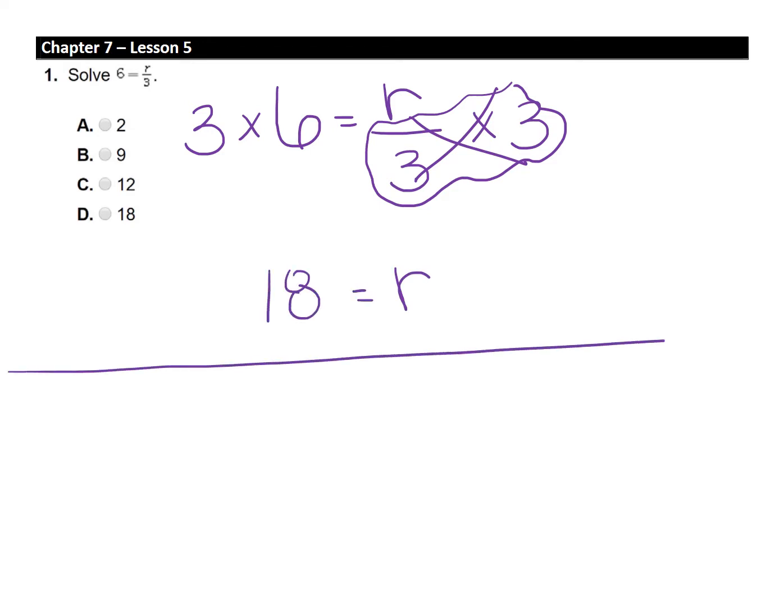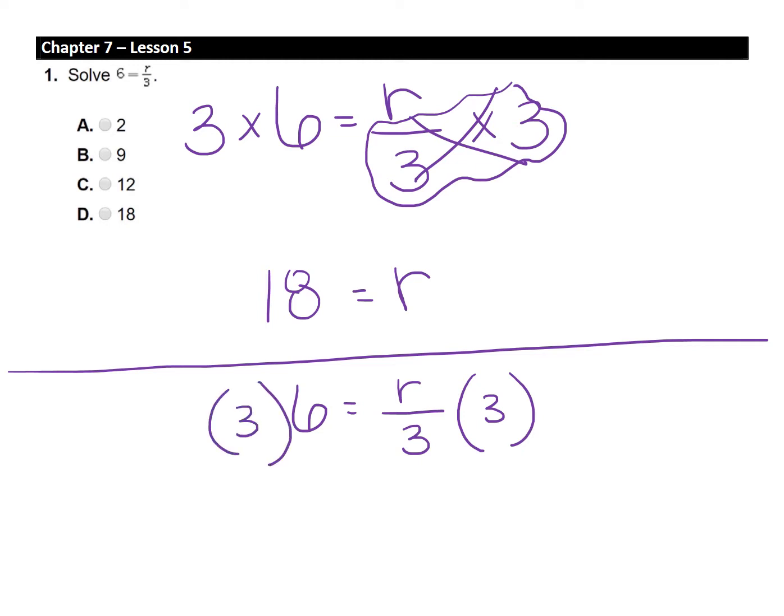Now I could show multiplication with a multiplication sign, or I could have shown it like this. I could have just multiplied by 3. And you could have done this. I don't really know if there's a preferred method, to be honest with you. It's up to you. And again, you could also have done a dot, which I'll probably show in the next example.